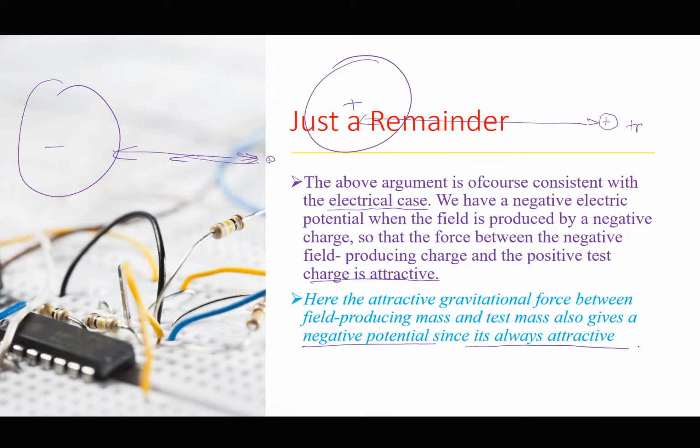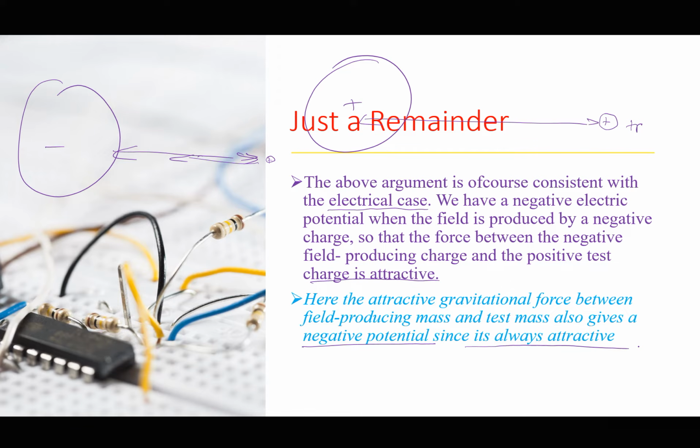Do not forget that in gravitational fields, the force is always attractive, but in electric fields, the force can be attractive or repulsive. The negative sign in the equation is not optional. It is compulsory, even in calculation.